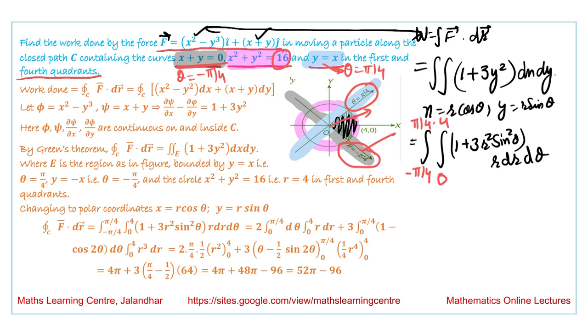So if we integrate these values, the answer we obtain is equal to integration 0 to pi by 4 d theta, and it becomes 2 times over here.